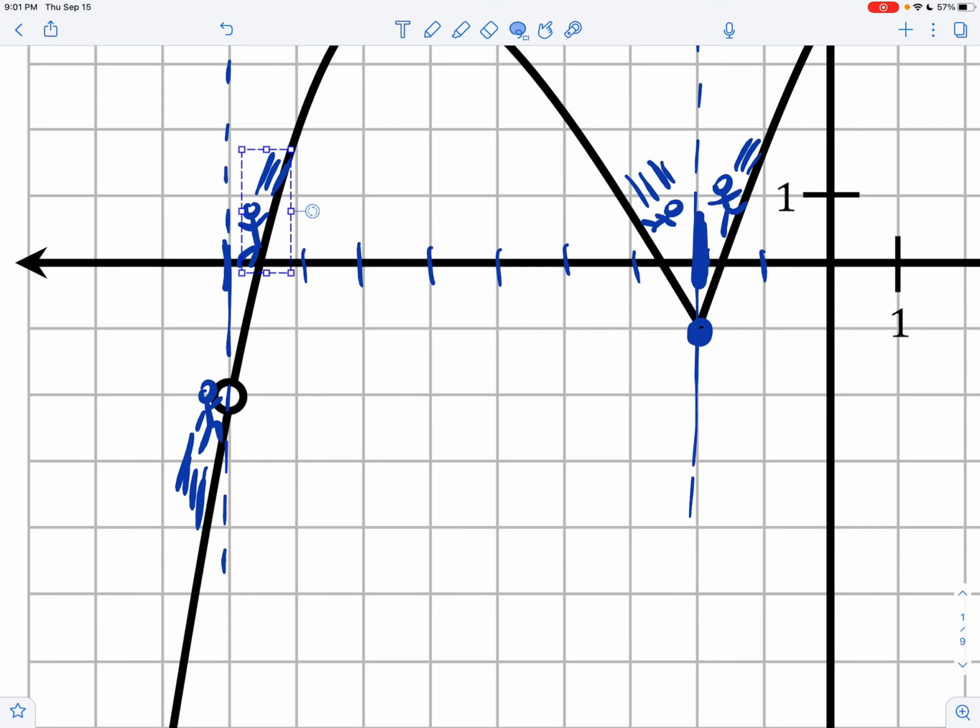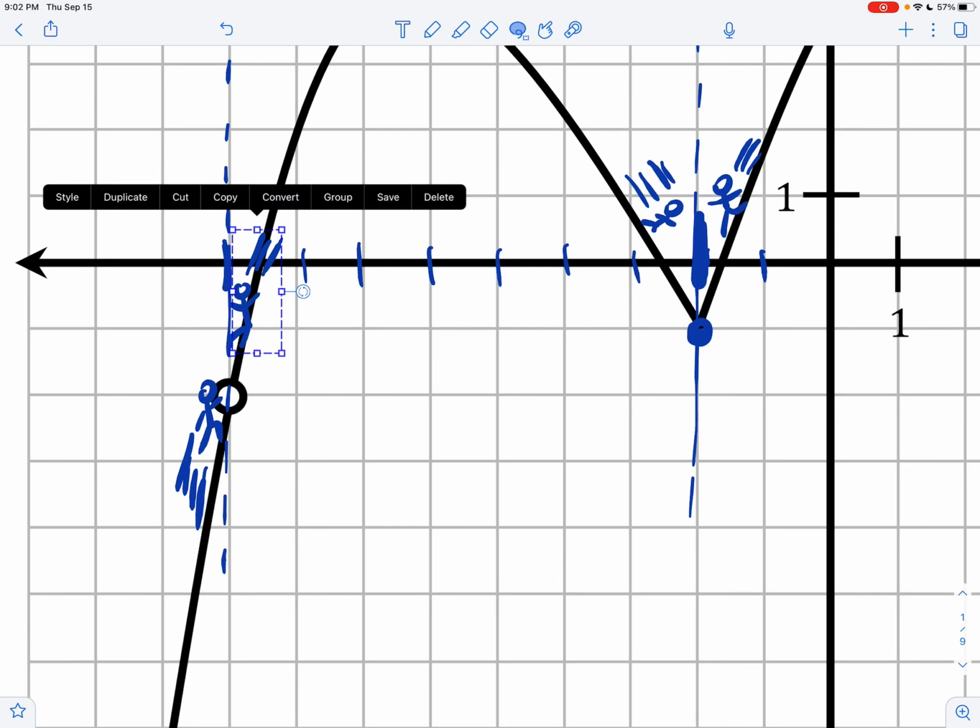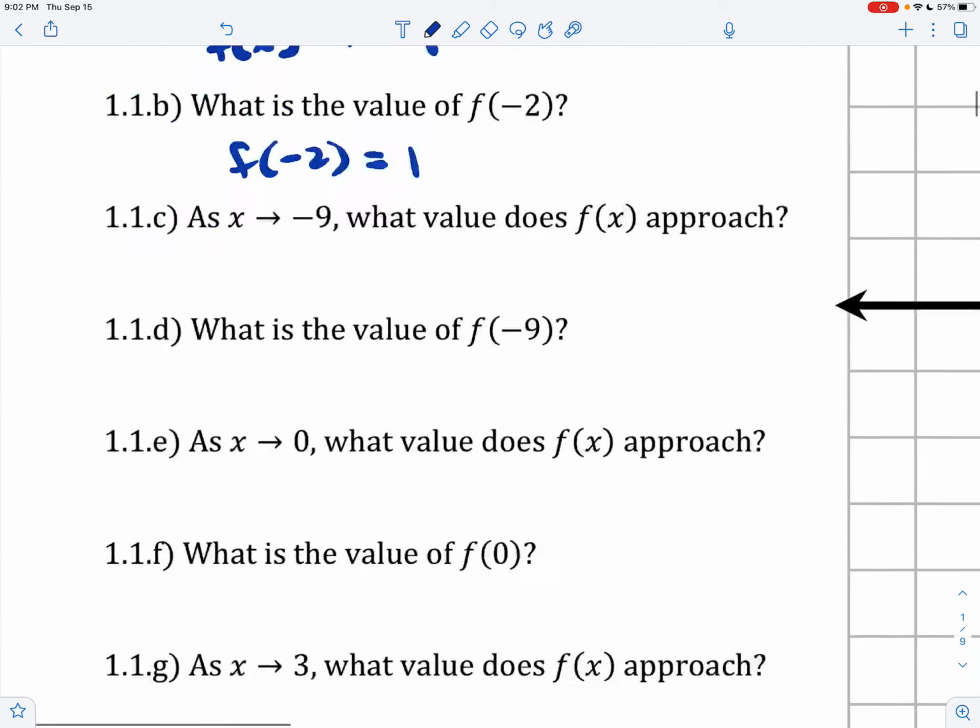They're both just getting infinitely close to that value. So we can say we are approaching -2. So f of x approaches -2, and that's specifically as x approaches -9.